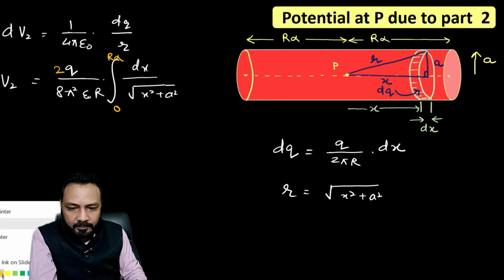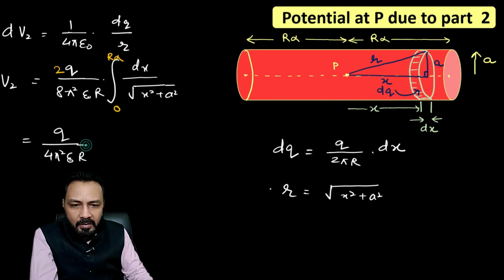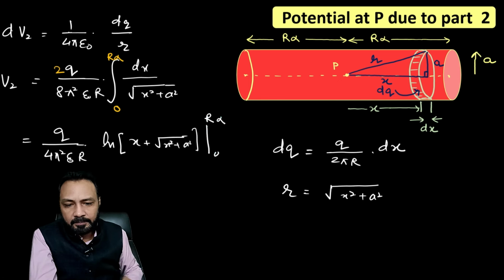So this integration will give me q divided by 4 pi square epsilon naught r, and this integration is basically ln of x plus square root of x square plus a square, and then put the limits 0 to r alpha.